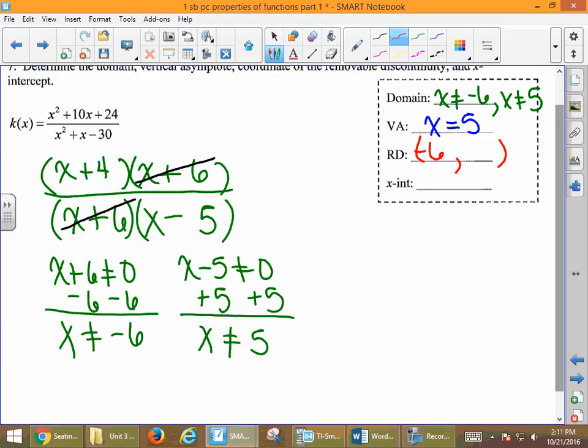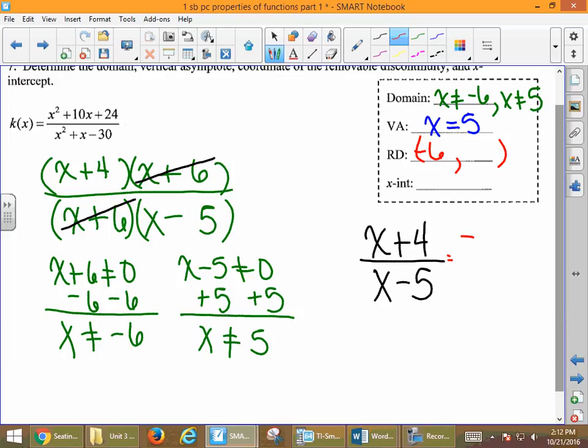And when we canceled out those x plus 6's, what we still have remaining is the x plus 4 and the x minus 5. And we're going to take that value of negative 6 and put it back into our function wherever we see x.